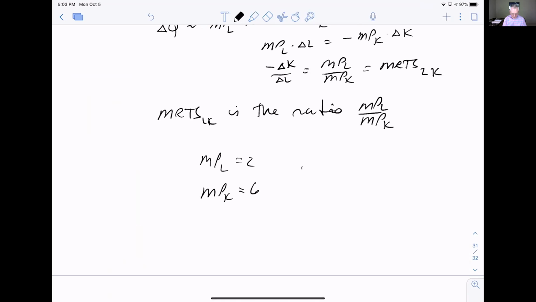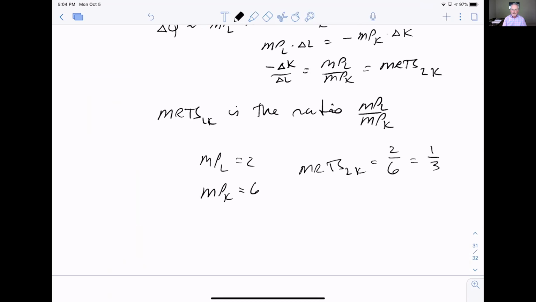So the MRTS would be equal to 2 over 6, which is 1/3.